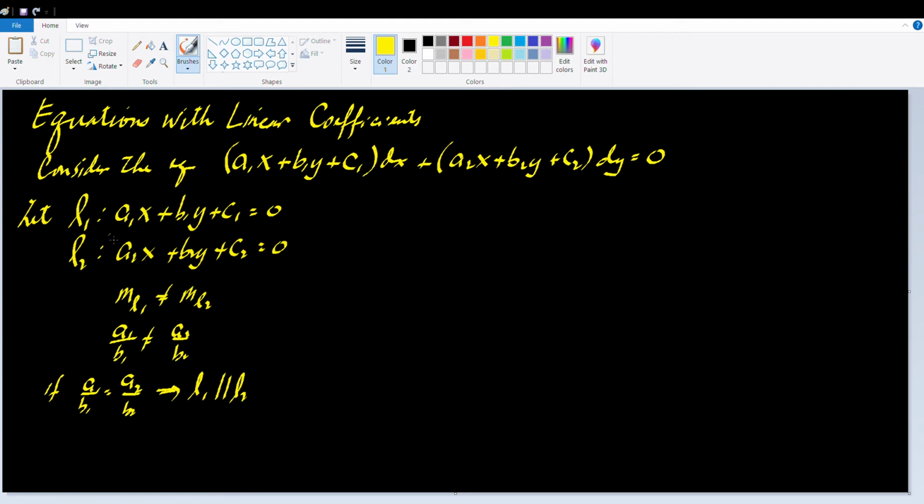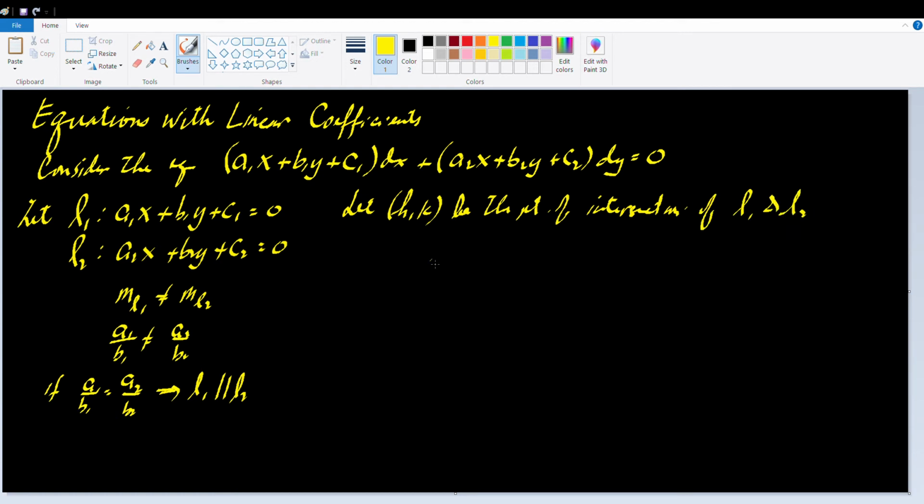So if two lines are intersecting, at most there is one point of intersection. So let (h, k) be the point of intersection of L1 and L2.